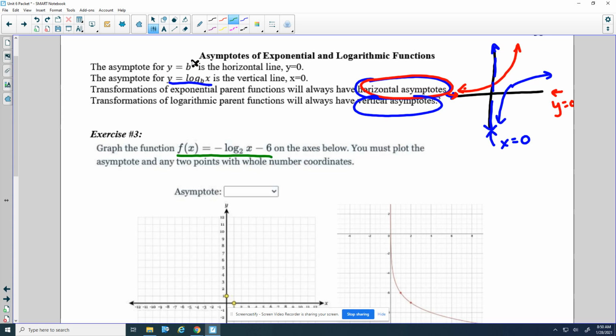Looking here, when I look at this, there is a negative in the front here. So if we put a negative in the front of the function, if we do negative f of x, that's a reflection in the x-axis.